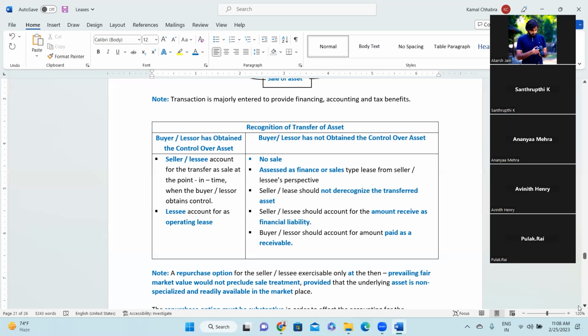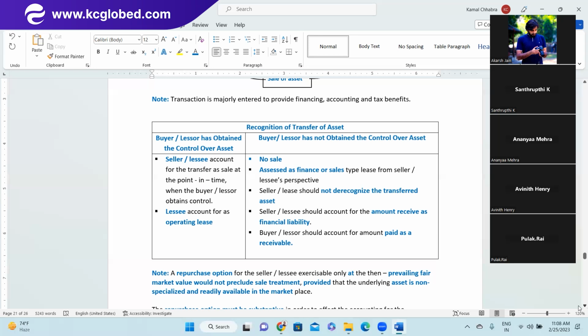Sorry, this side we have discussed. On the right hand side, Ananya has taken over the charge of that car. So how to deal with it? If you look at the left hand side, when ownership is transferred, or you can say control has been taken over by the buyer, in that scenario the seller or lessee accounts for the transfer as a sale at the point in time when the buyer or lessor obtains the control.